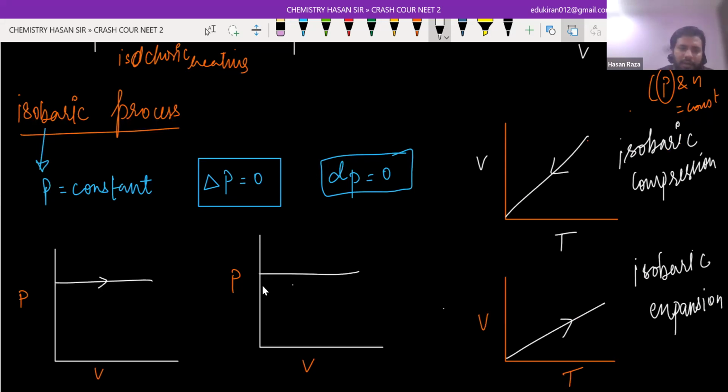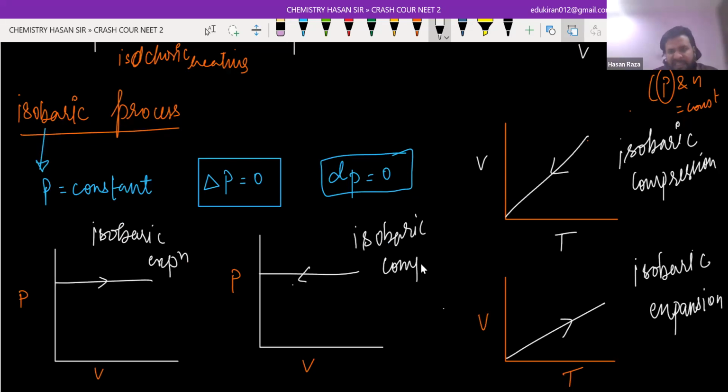You can see the pressure is constant for isobaric. It will be like this, in this, and this. Here, volume is increasing in the first case. So this is your isobaric expansion, and this is your isobaric compression. Is that clear, everyone? Yes. Just write it.